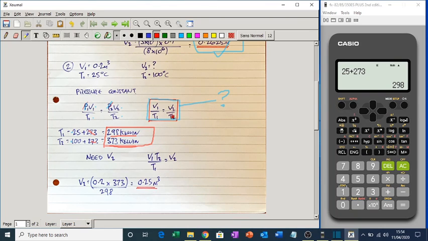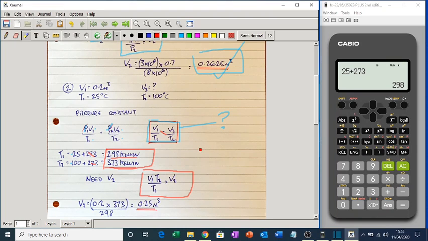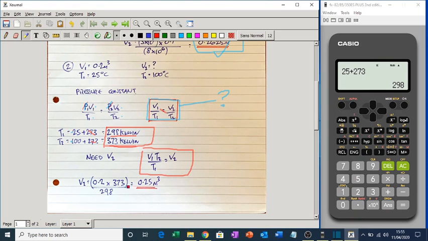So now we know this formula, we need to rearrange for V2. All I'm going to do is bring the T2 up to there, which gives me V1 T2 over T1 equals V2. So this will tell us what happens to the volume when we increase the temperature. So V1 is 0.2, T2 is 373, and T1 is 298.